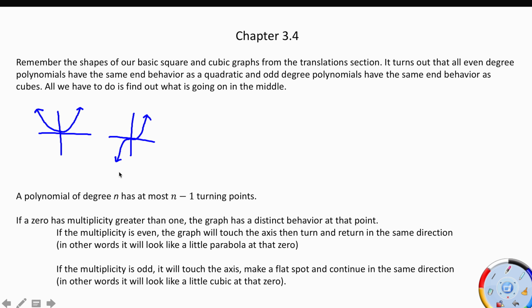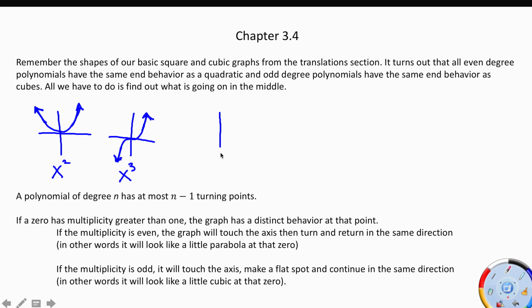look like this. Well, it turns out that all even degree polynomials have this basic end behavior, right? And all odd degree polynomials have this basic end behavior.